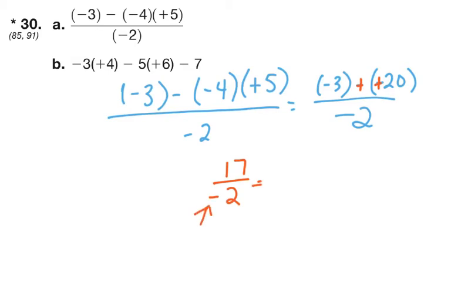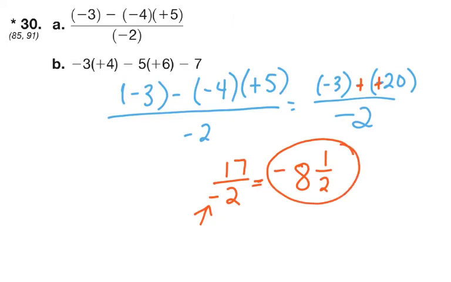We have to keep that for our final answer. So you're going to tell me how many times 2 will go into 17, and then give me the remainder as a fraction and show me your final answer. Go ahead and pause your video. All right, so 2 goes into 17 8 times with 1 as a remainder. So our final answer is negative 8.5.